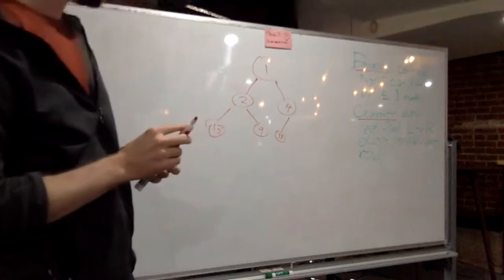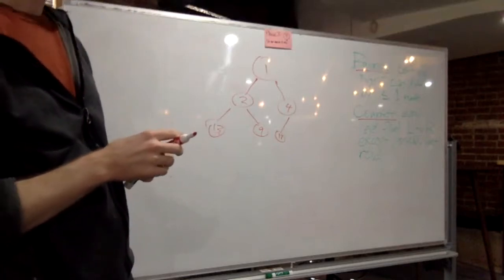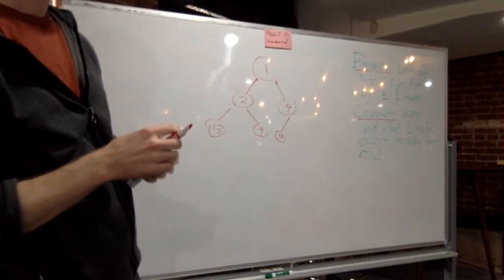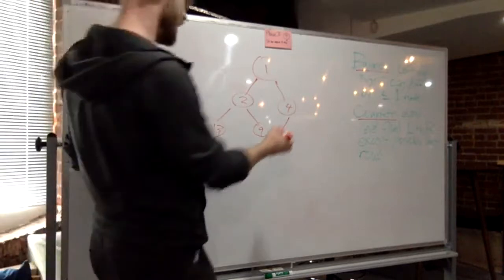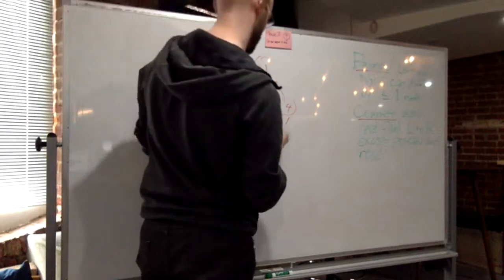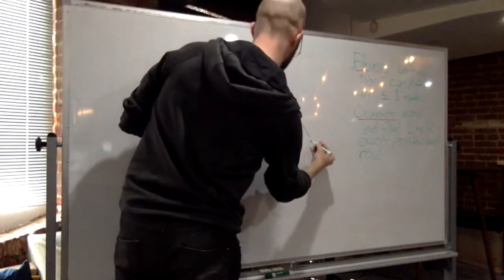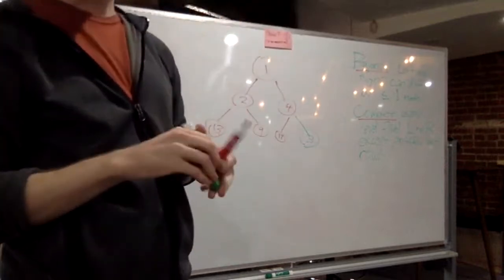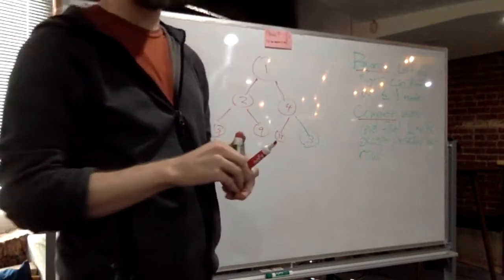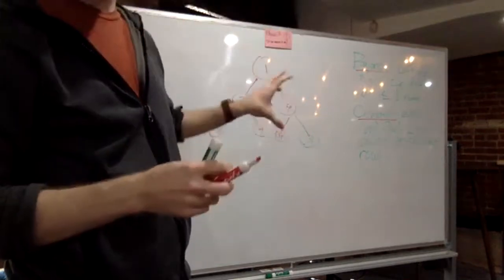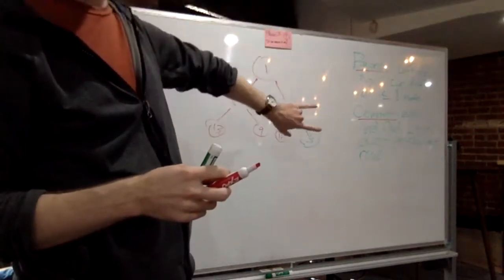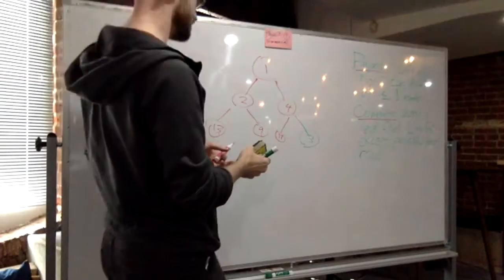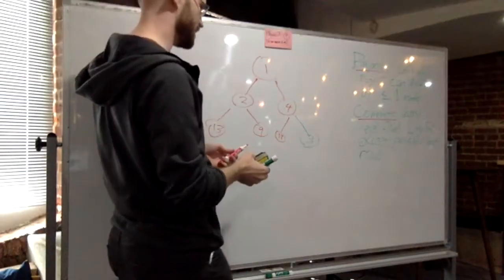Let's say we wanted to add 3. So we add it here, in green. This is our new one. And then you bubble it up. You fix the tree by swapping the new element that you've just added with its parent until the tree is a min heap again.